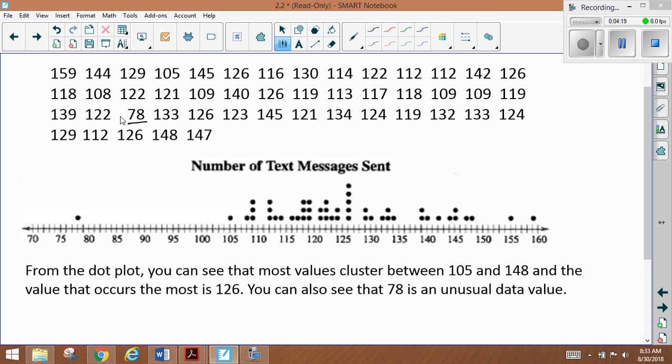Our highest value is, I see, 159. So when we construct our horizontal axis, we could have chosen to start at 75 if we wanted to, and then we're going to go all the way to our highest value.